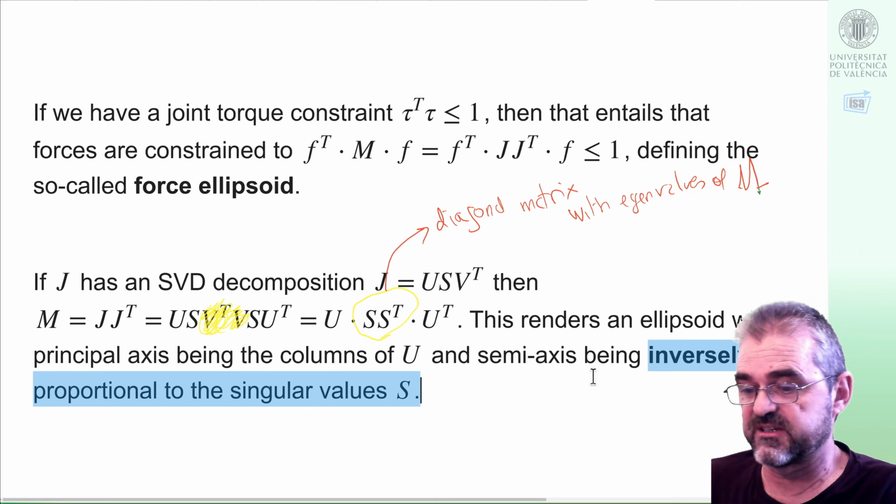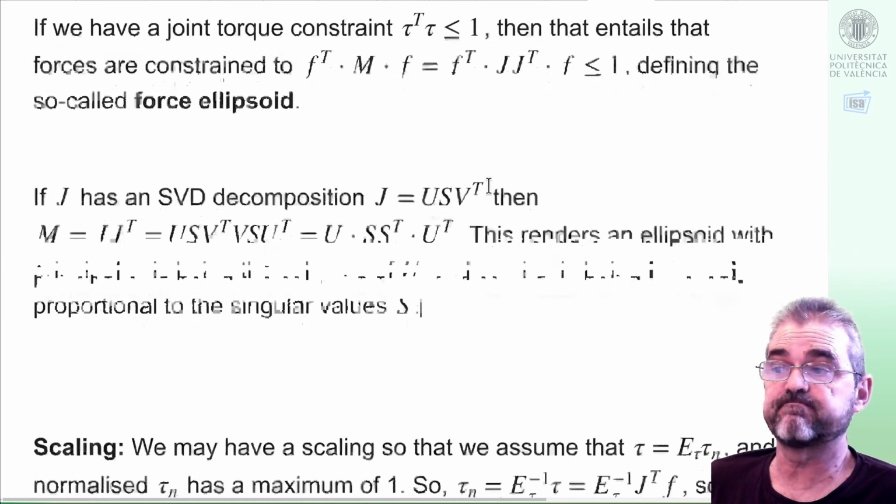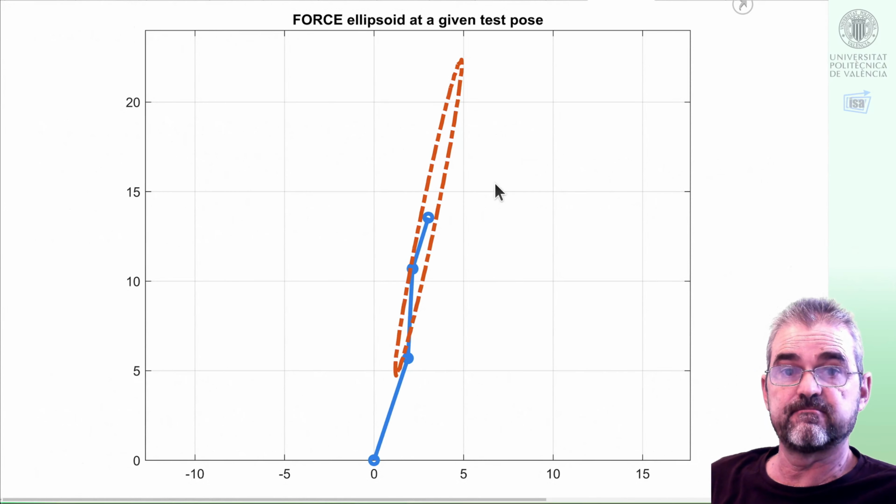So somehow this is it. SVD and ellipsoid geometry are deeply linked, and in this particular problem, the link is in the way we just explained. So in order to better understand what we are saying, let us consider the particular numerical example in the pose we are depicting here.